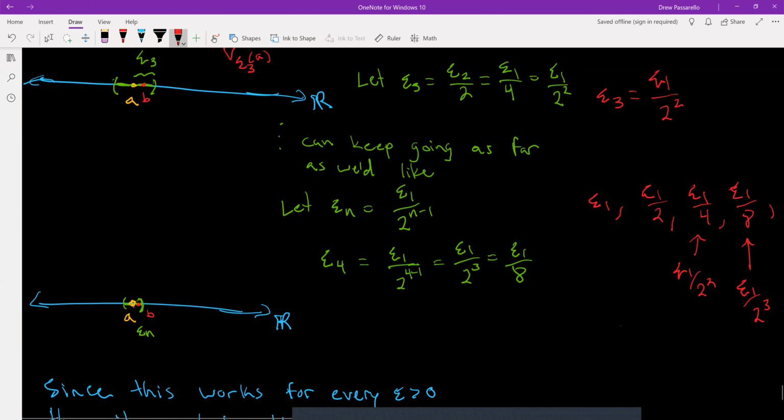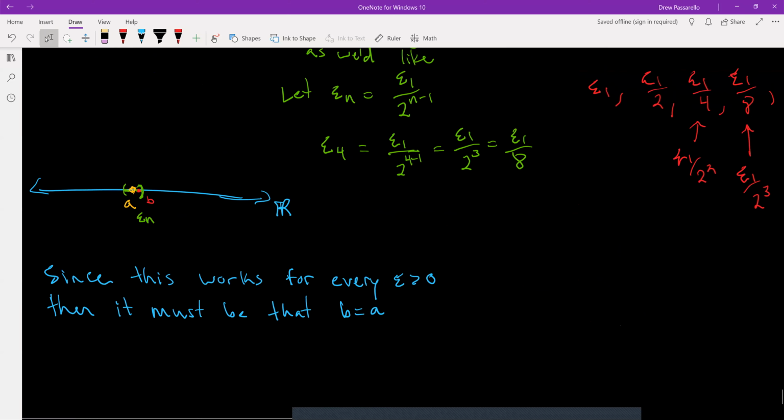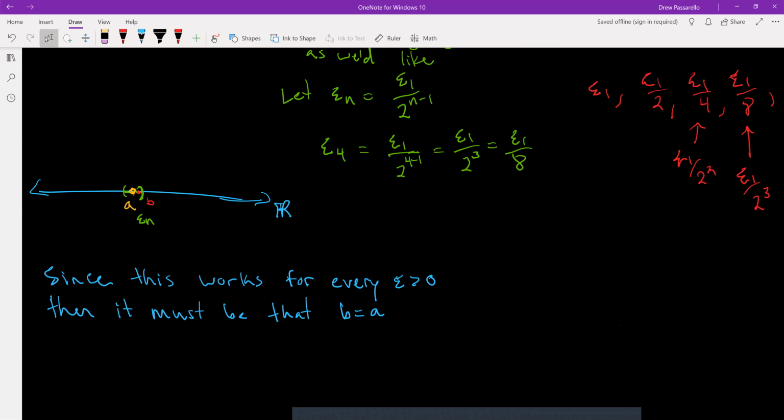Hopefully that makes sense, that if we keep continually dividing it by 2, there comes a point in which the neighborhood has to be such that A equals B. So this is getting as small as we like.